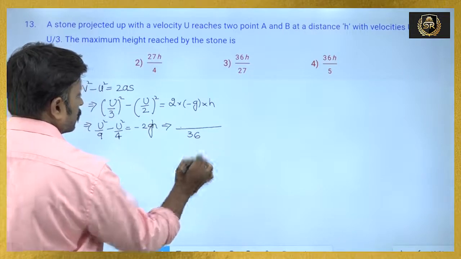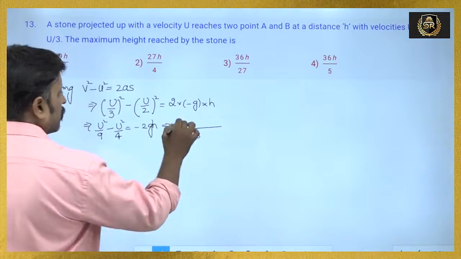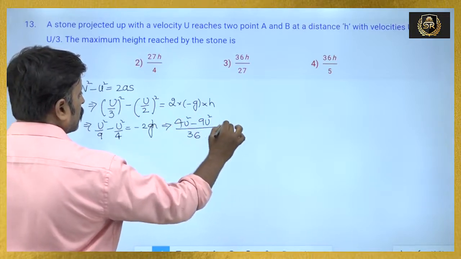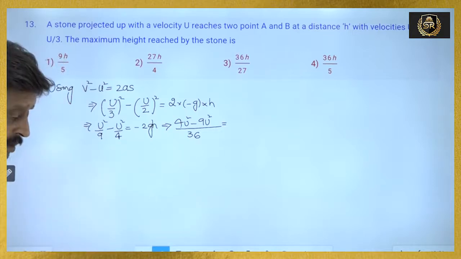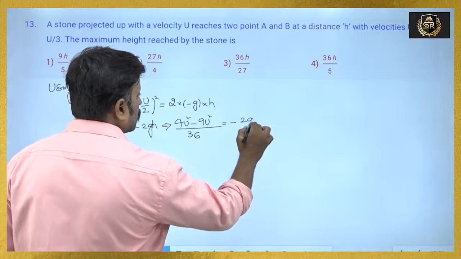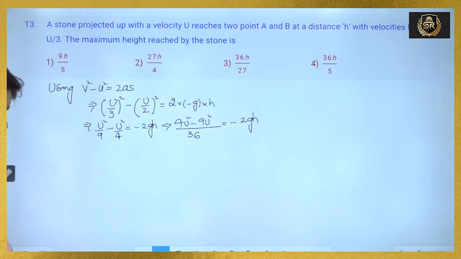LCM is 36, 9 into 4 is 36, so it becomes 4u square minus 9u square equal to minus 2gh. Okay, 4 minus 9, this is how much?